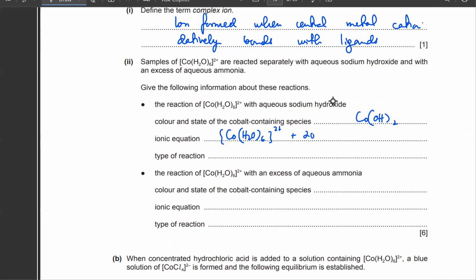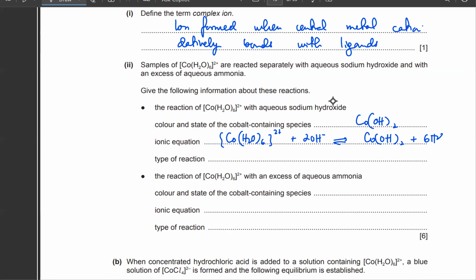You add OH ions, and the water gets knocked out. All of the ligands get knocked out, and you get a brown precipitate of cobalt hydroxide. No, not a brown precipitate. You get a blue precipitate. And the type of reaction, that's precipitation.